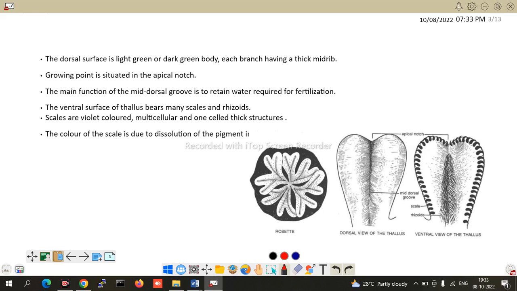The violet color of the scale is due to the dissolution of a pigment. Which pigment, you may ask? It is the pigment anthocyanin present in the cell sap. That's why the scales are violet in color.